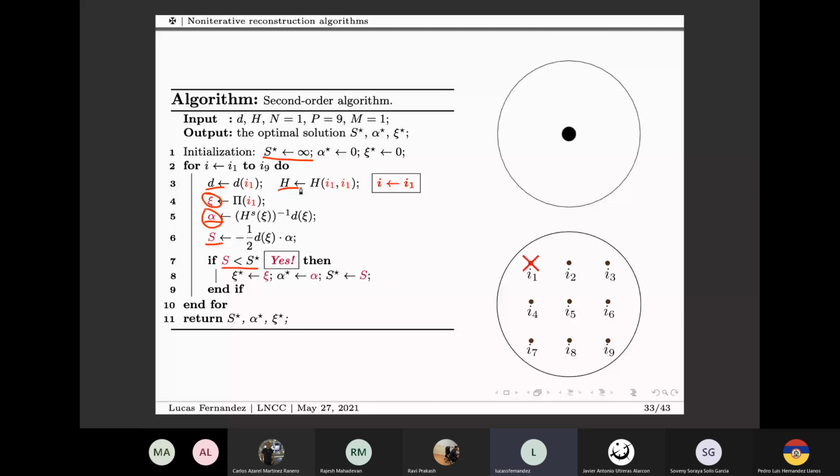So we go to the next node, I2. We compute the topological derivatives corresponding to I2. Next, we calculate the value of alpha and S, and you verify if the pair psi alpha is a candidate point to the global minimum. Let's say yes, okay?